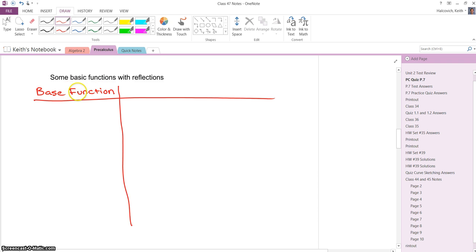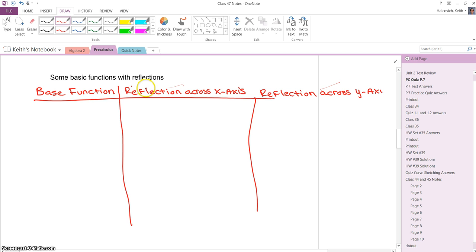And make a chart. So if we wanted to reflect it across the x-axis, and if we wanted to reflect it across the y-axis, what it would look like.